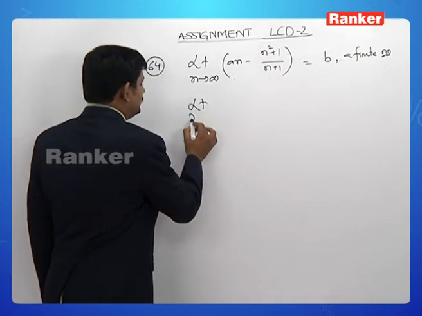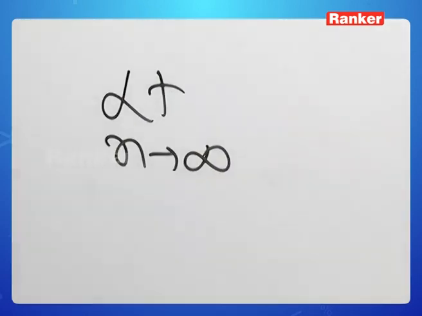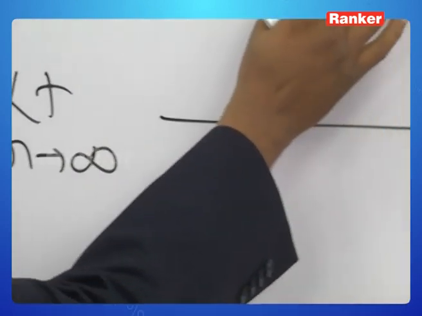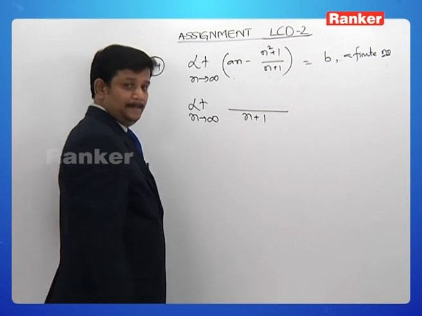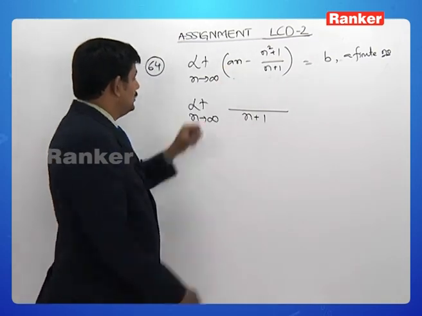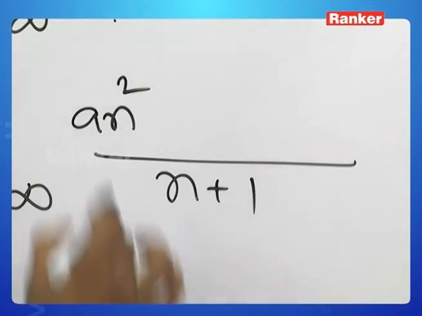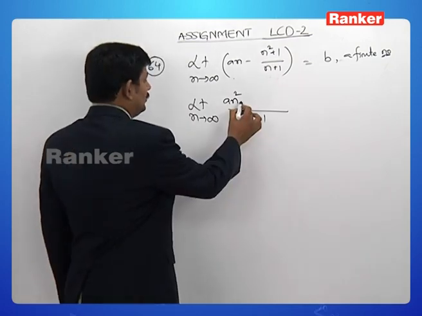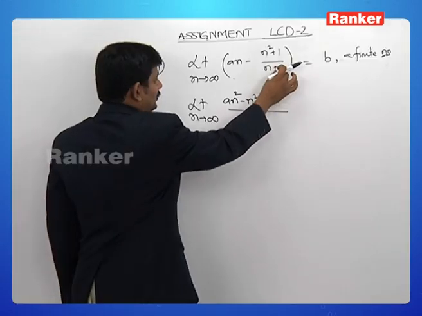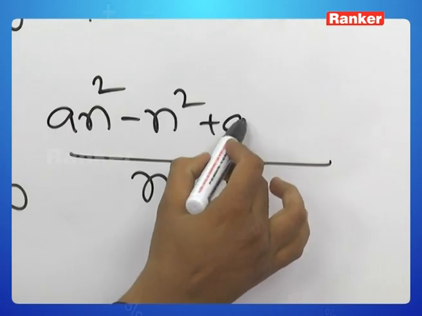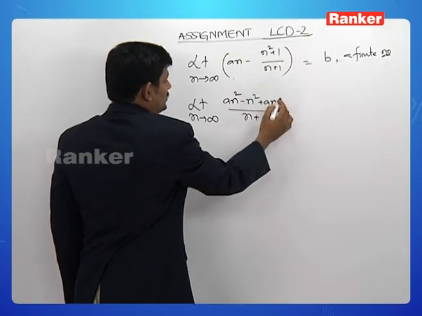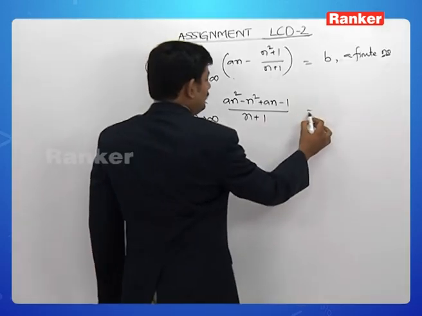So, let us take the LCM. Limit n tending to infinity, over n plus 1, cross multiply: an square minus n square plus an minus 1, this is given to be b.